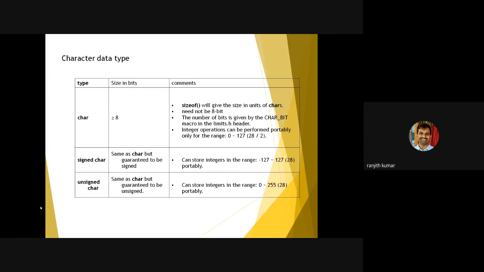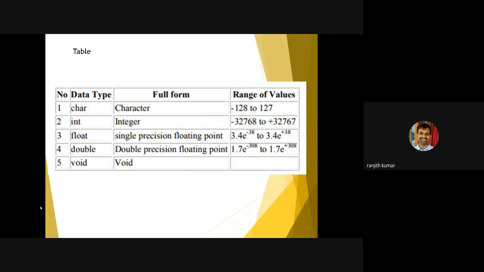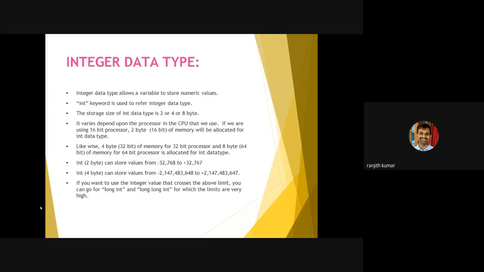Now let us do some programs on character data type, integer data type, and float data type separately. Every data type will have a keyword, what kind of data it will store, and what range of values it will support. So we have integers, floats, and doubles.